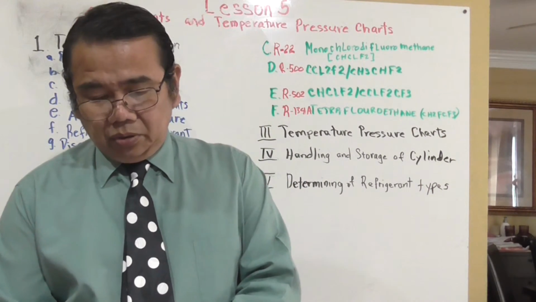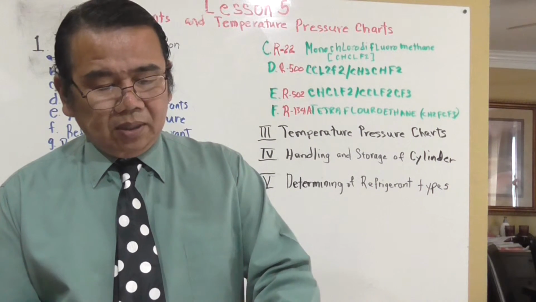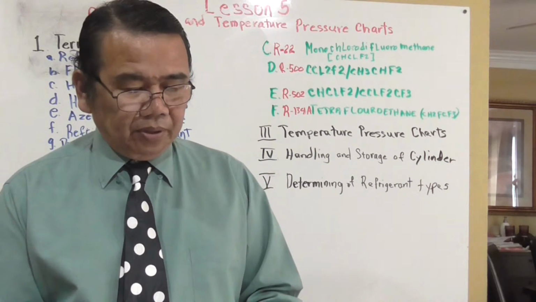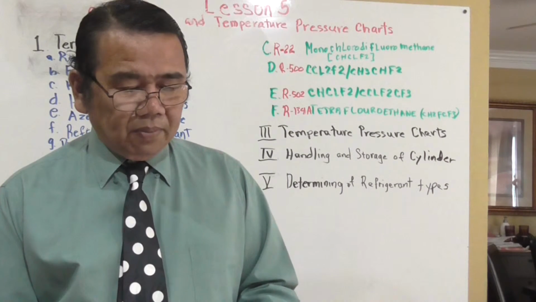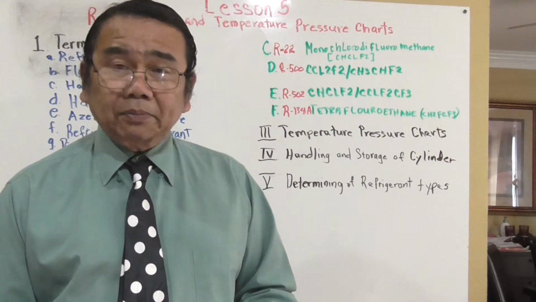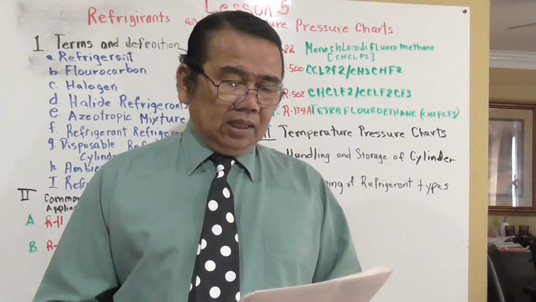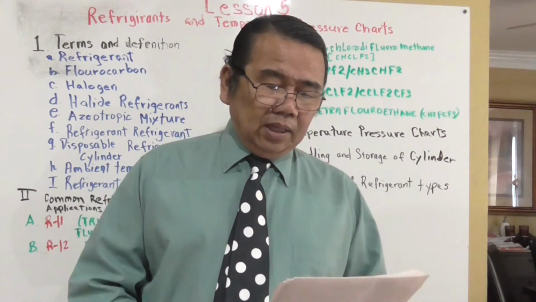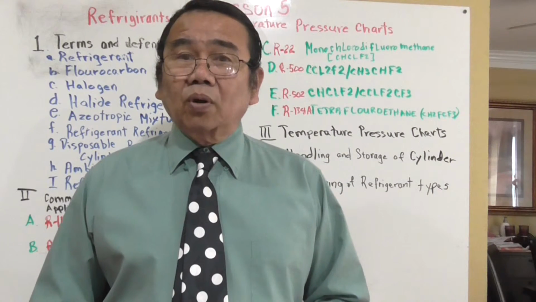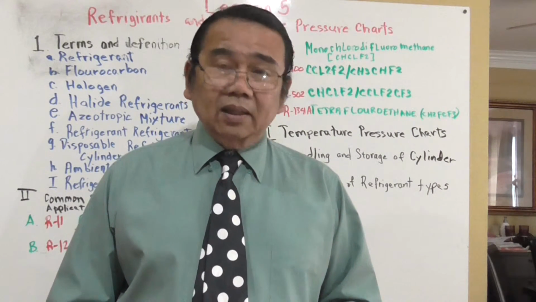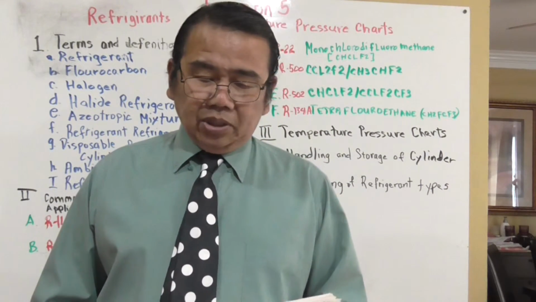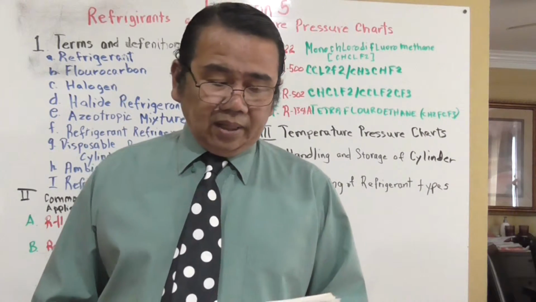Okay, make sure you take care of this cylinder, because these are very dangerous. Now I'm going to talk about safety rules when handling these cylinders. Never intentionally heat a cylinder above 120 degrees Fahrenheit. Never store a refrigerant cylinder in direct sunlight.